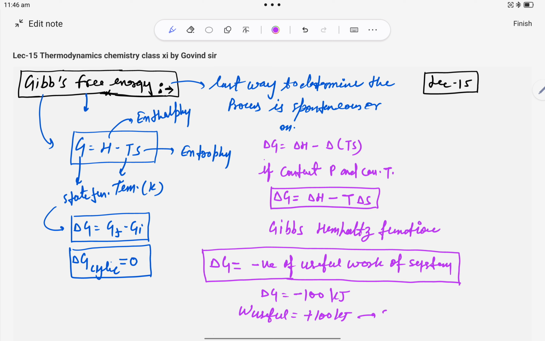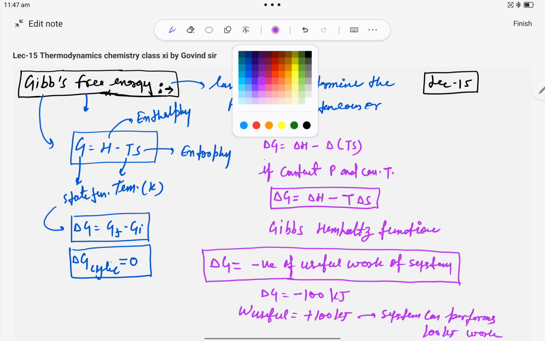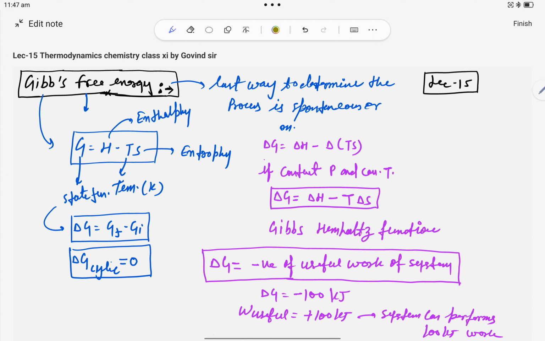That means the system can perform 100 kilojoule work. If delta G is equal to plus 50 kilojoule, then W useful is minus 50 kilojoule.